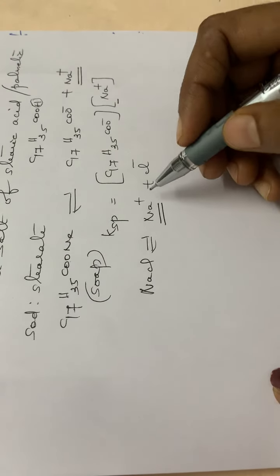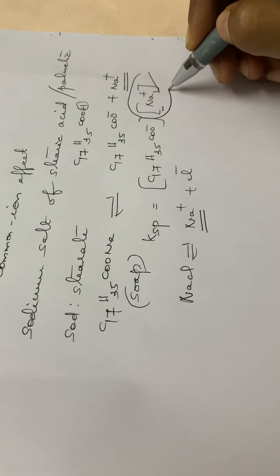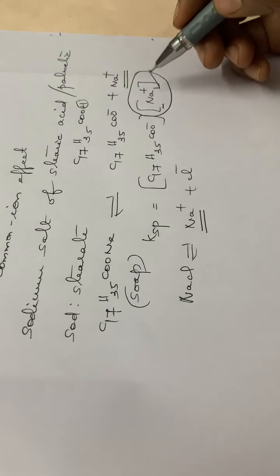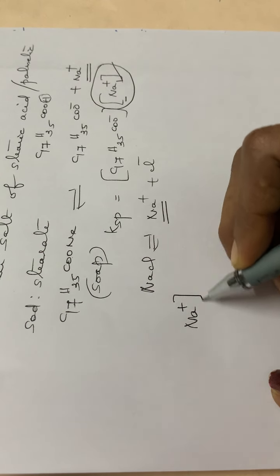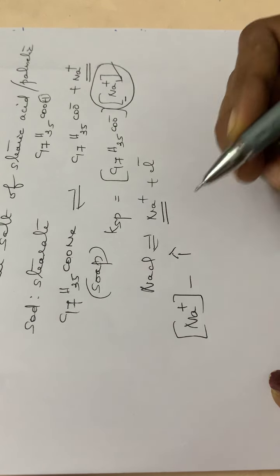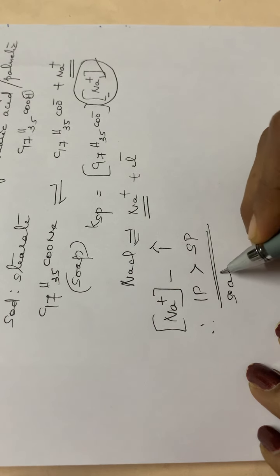So what happens? The concentration of Na plus will be increased, and as a result the ionic product exceeds the solubility product.